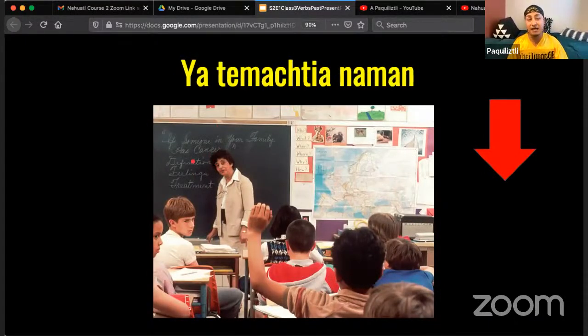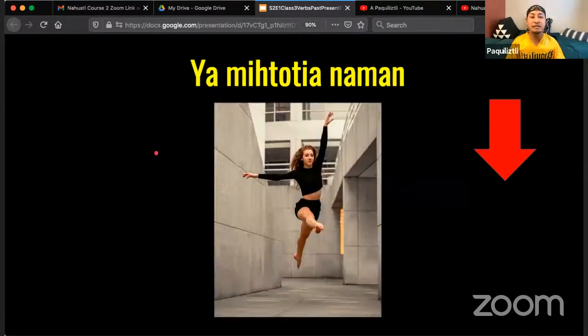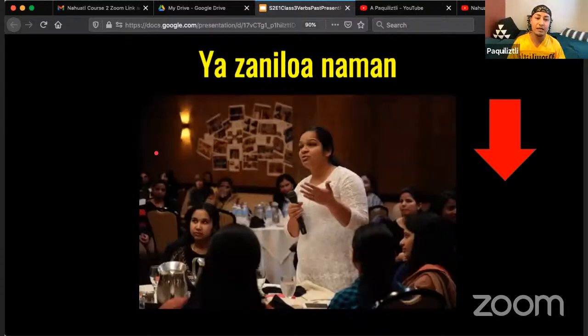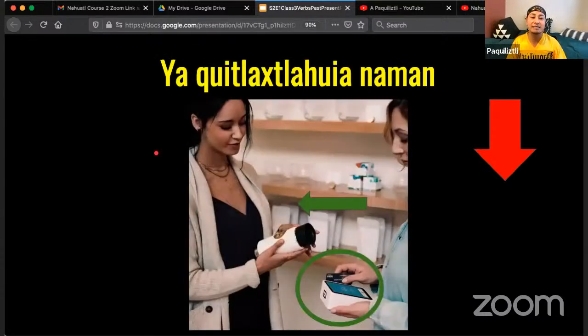Ya temachtia naman. Ya mihtotia naman. Ya saniloa naman. Ya kitlaxtlawia naman.